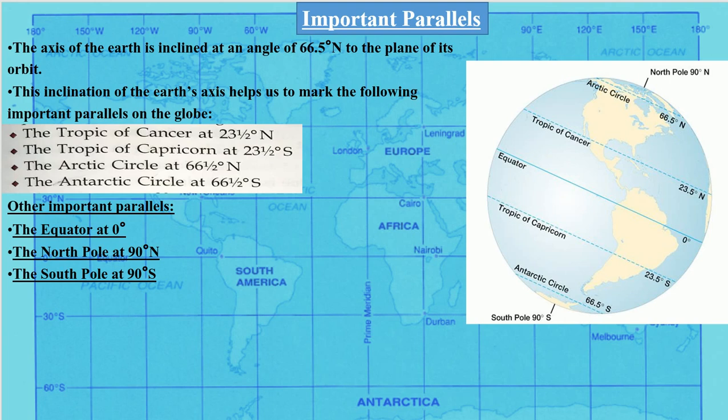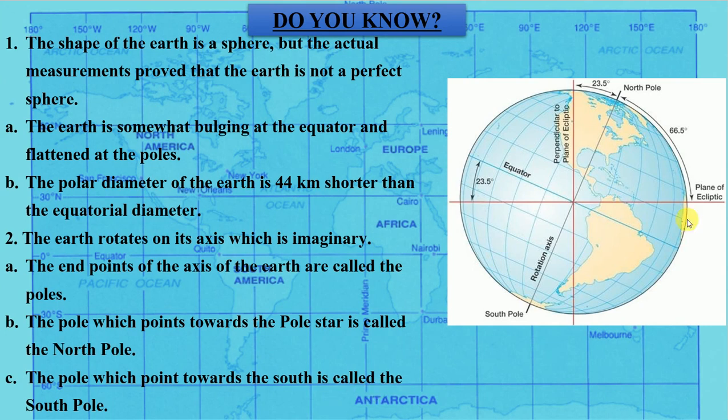In this figure, the axis of the earth, the rotation axis, is inclined at an angle of 66.5 degrees to the plane of its orbit.